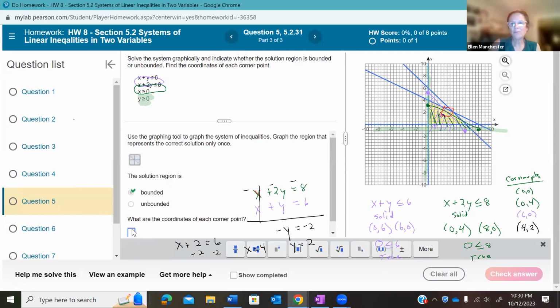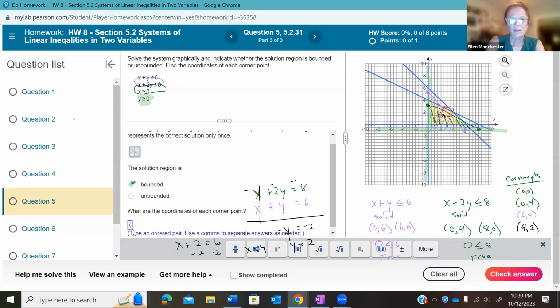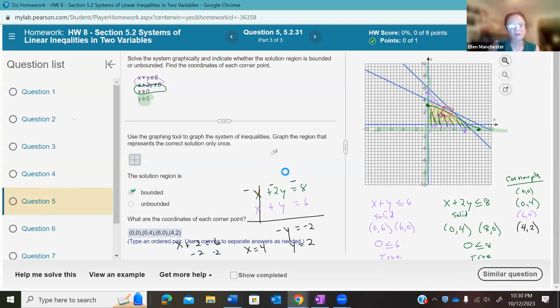So it says type each set of coordinates with a comma in between. Do you see how once I'm done with it on paper, it makes it so much easier on MyMathLab? Okay, there's all my coordinates. I'm good to go, and I can do next question.